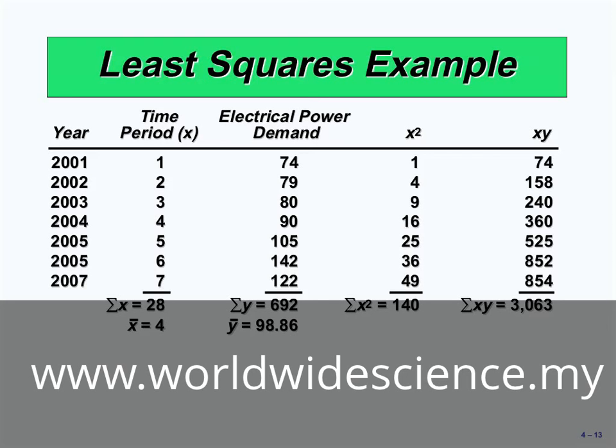X multiplied by y means that you should multiply the number in the x column by the number in the y column. So for 1, multiply 74. Xy means you should multiply x and y together. 2 in the time period column, multiplied by 79 in the demand column in 2002, gives you 158.